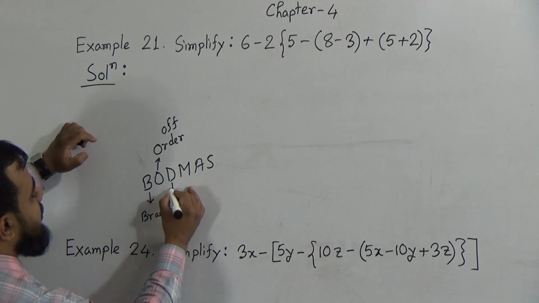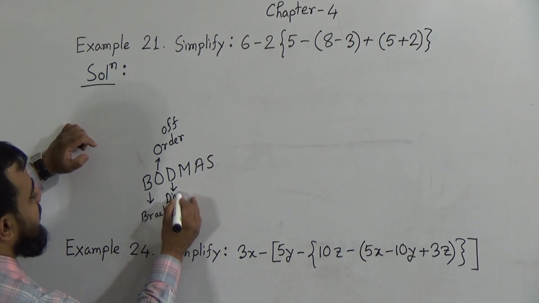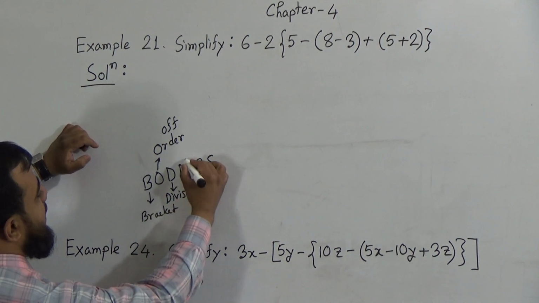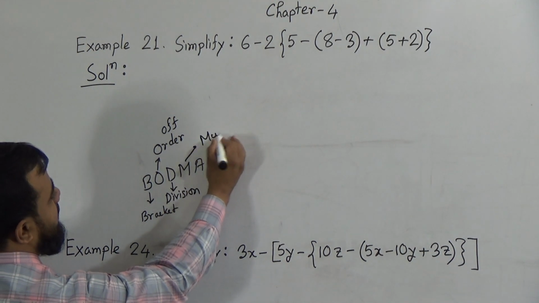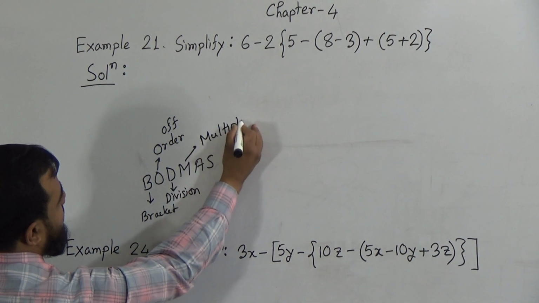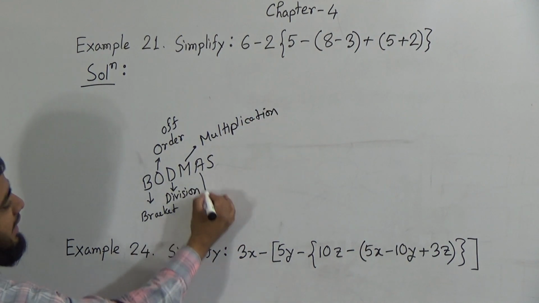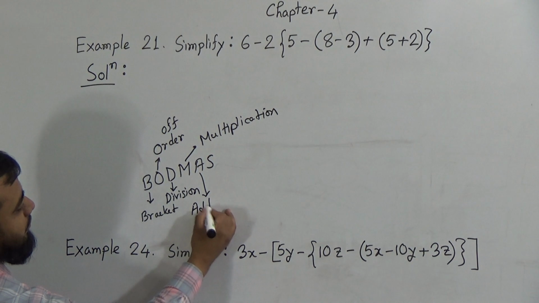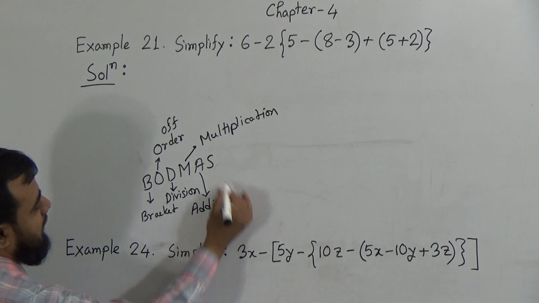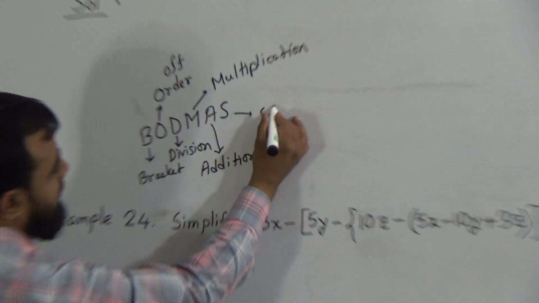D means division. M means multiplication. My dear students, A means addition and S means subtraction.